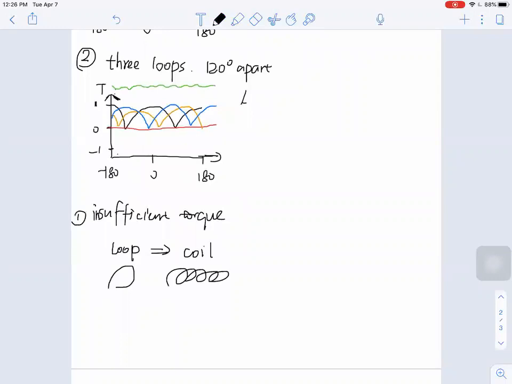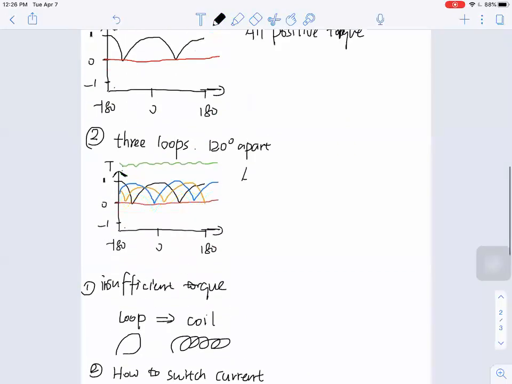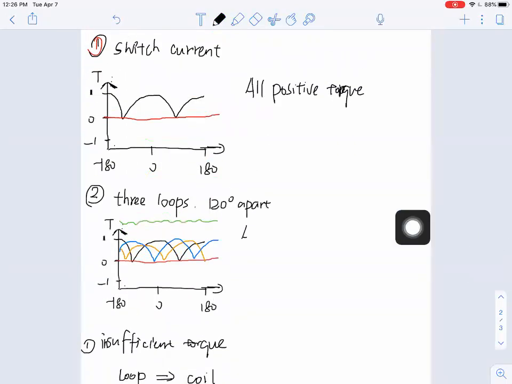Another problem we may run into during motor design is how to switch current. Here we mentioned in the first solution, if we can switch the direction of current, we're able to get a consistent torque, either positive or negative torque.